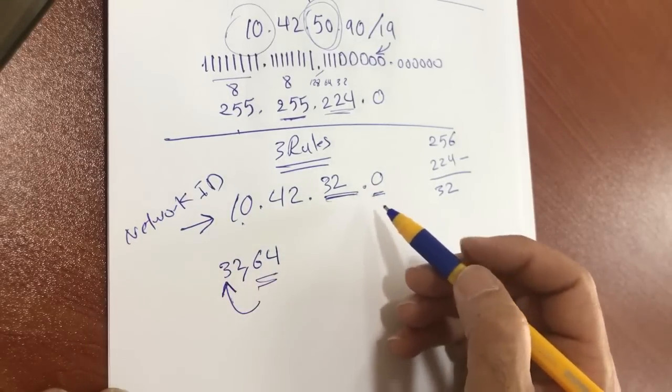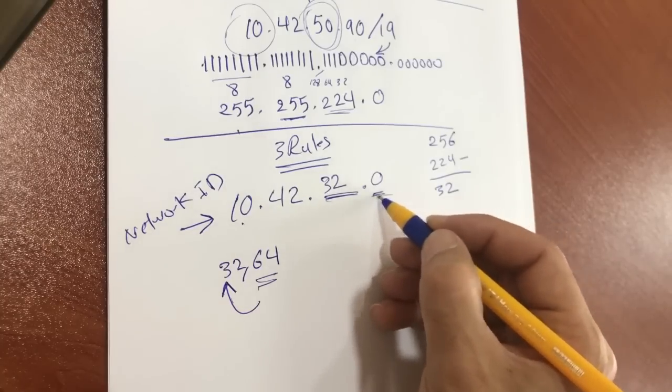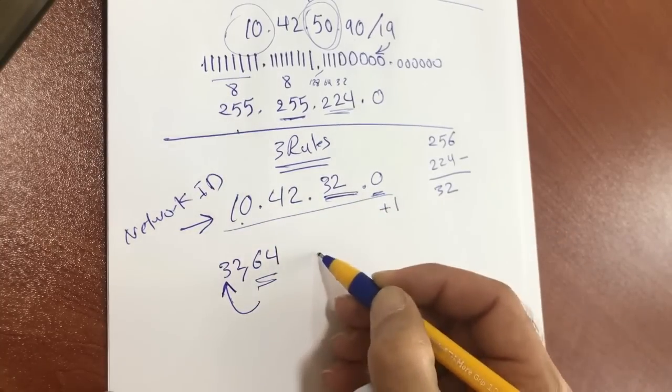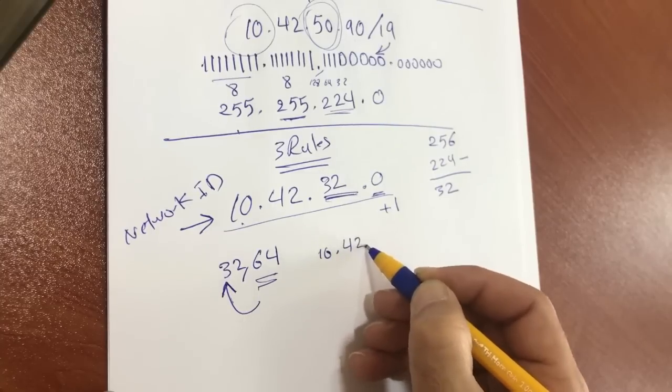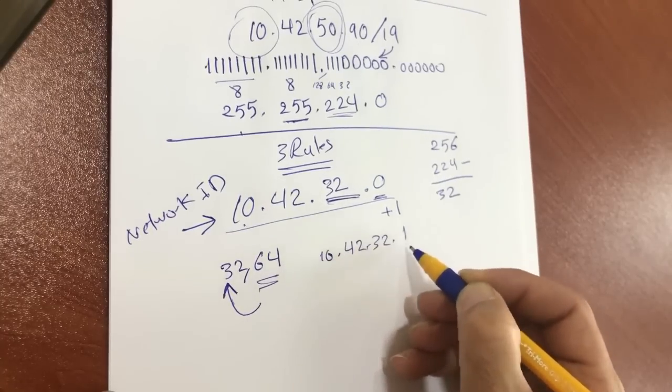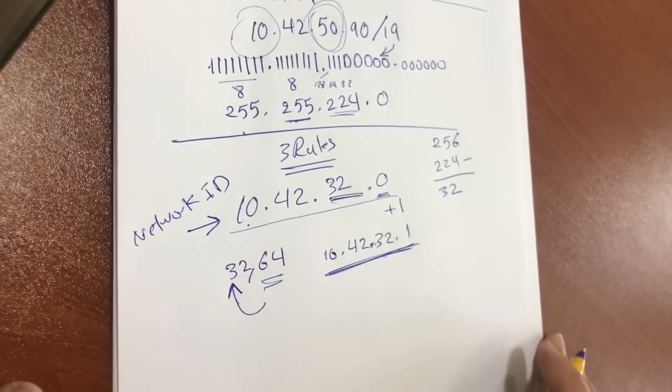This is the network ID. This IP will not be used by any host, so the first ID will be this IP plus 1, so it will be 10.42.32.1. So this is the first valid IP address.